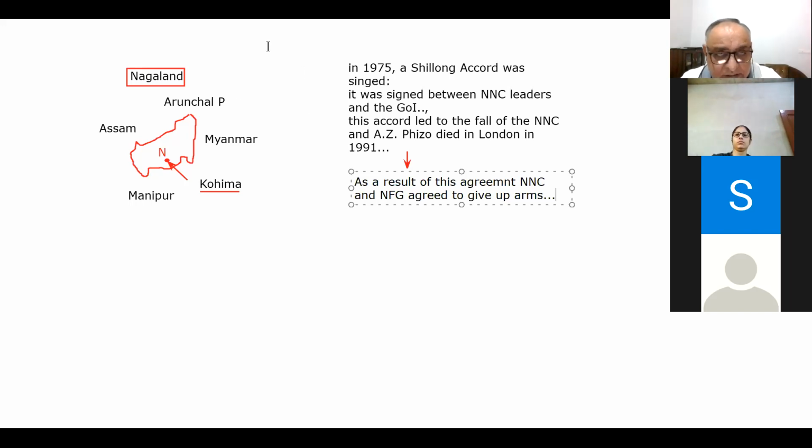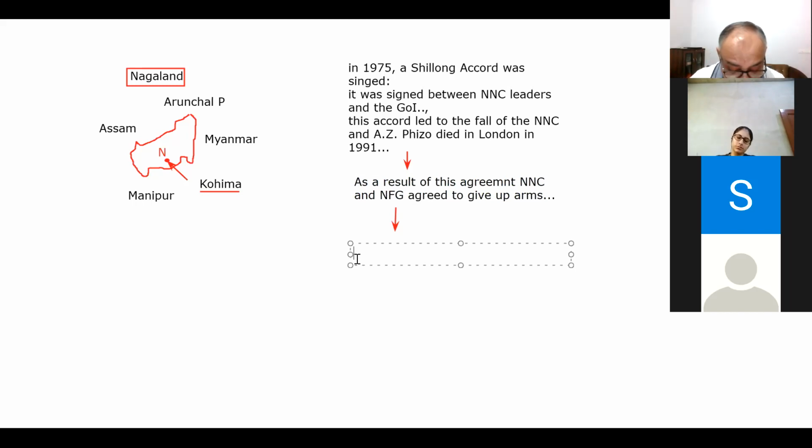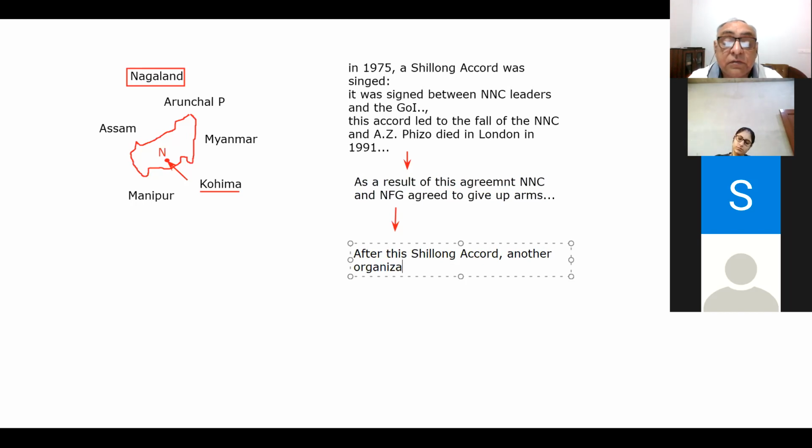So this is there. Is it clear up to this point, beta? Yes, sir. Okay. So now beta, next to this, what happened? After this Shillong Accord, another organization called NSCN was formed, right?